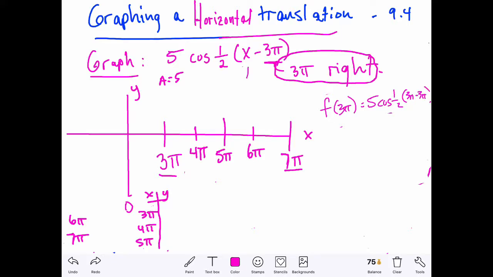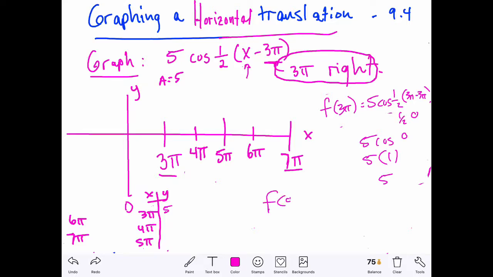Notice I plugged in 3 pi for x there. Well, what's 3 pi minus 3 pi? 0. And 0 multiplied by a half is 0. So what's the cosine of 0? Well, I think, what are my x values at 0 on the unit circle? Well, my x value should be 1 there. Multiplied by 5 is 5.